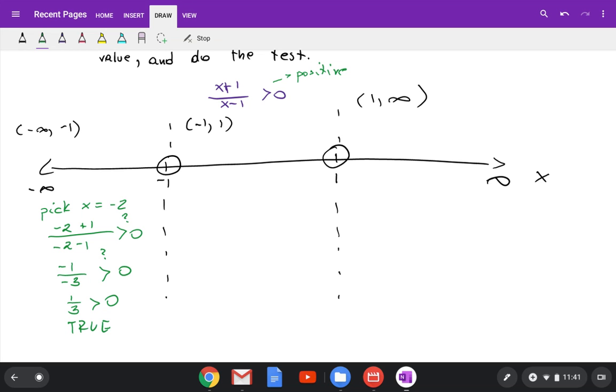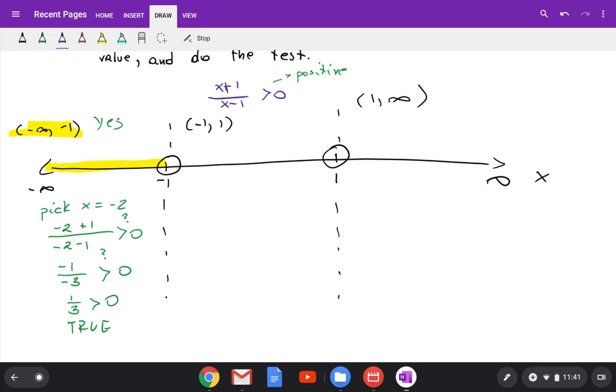Any number from the interval negative infinity to negative 1 will always satisfy the inequality; you always get a positive value. What that means is that the interval from negative infinity to negative 1 is the solution. So yes.